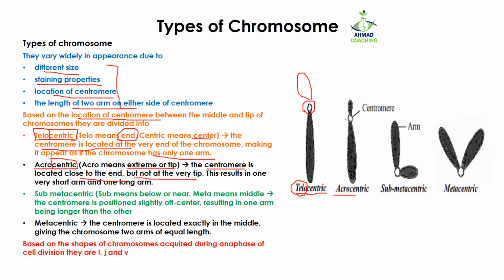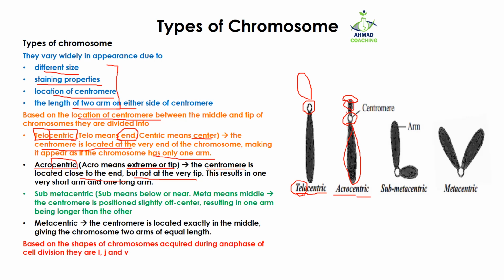So here the centromere is present at the tip but not at the extreme tip. So that is why they are known as acrocentric. It is close to the end but not as close as the telocentric was. So because of this, the chromosome looks like it has one long arm and one short arm.